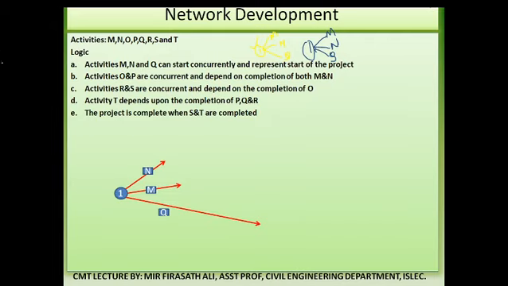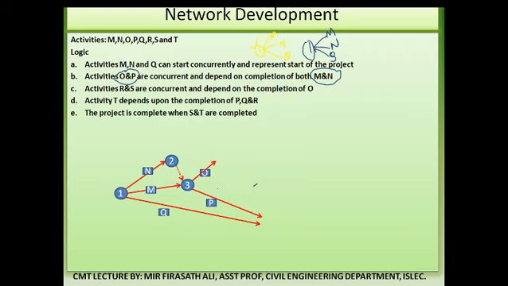Concurrent activities start at the same time, O and P, and which are dependent upon both M and N. So from M and N we need to follow these two activities, O and P. We need to create one dummy activity so that both M and N are completed. From event 3, after completion of N and M only, O and P will start.